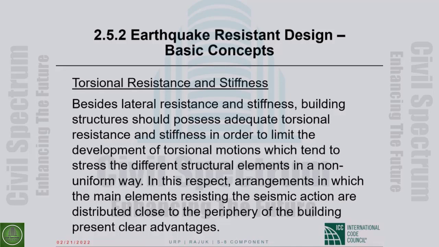In this respect, arrangements in which the main elements resisting the seismic action are distributed close to the periphery of the building present clear advantages. Okay, all of that is true. From a torsional point of view, you are much better off if the resisting elements are along the periphery. That again is not always possible, but that definitely is desirable.